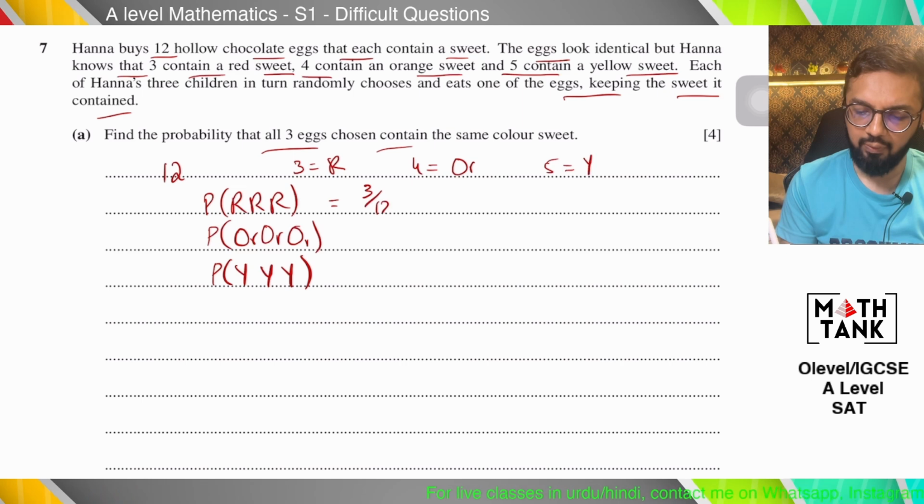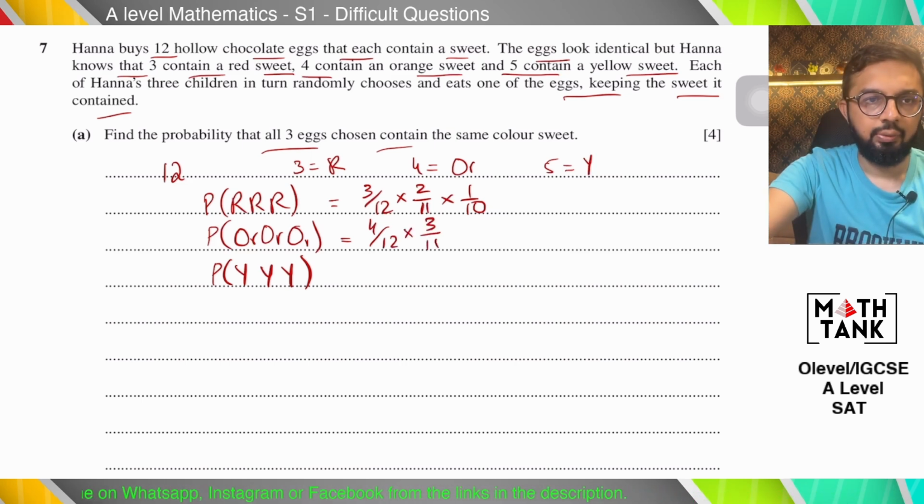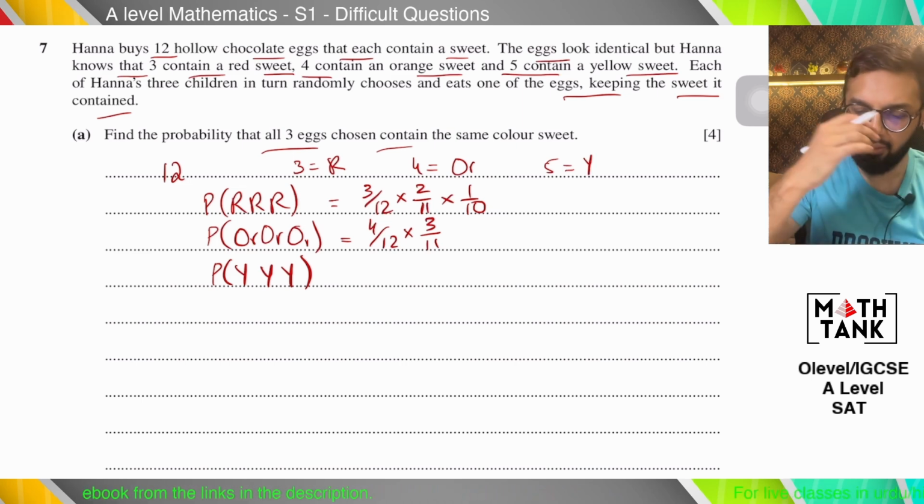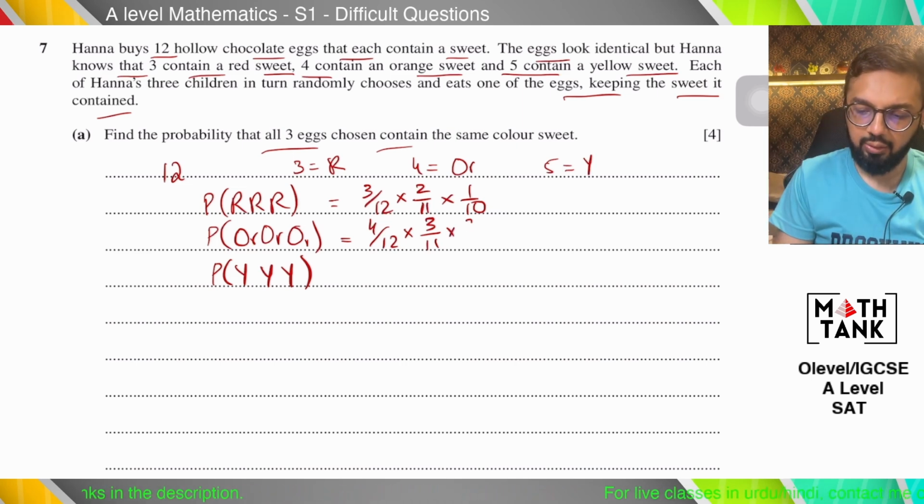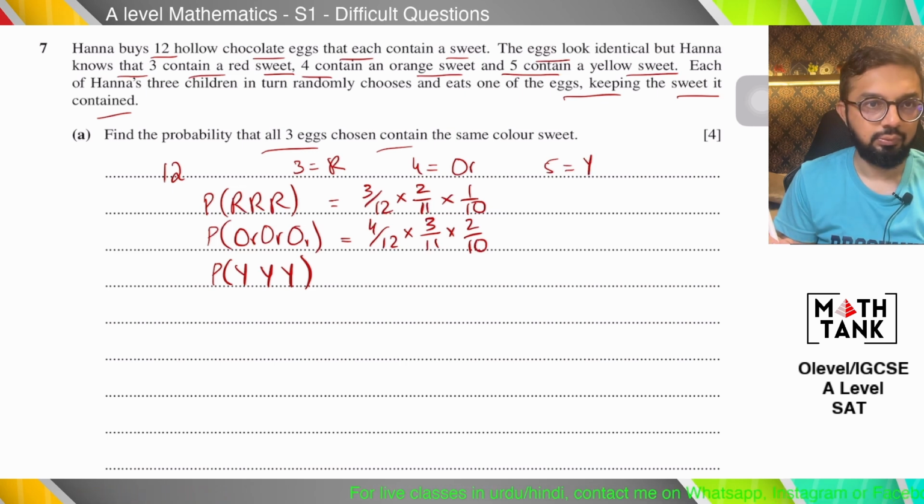So 3 out of 12, 2 out of 11, 1 out of 10, 4 out of 12, 3 out of 11, and 2 out of 10. This one gives me 1 over 22.